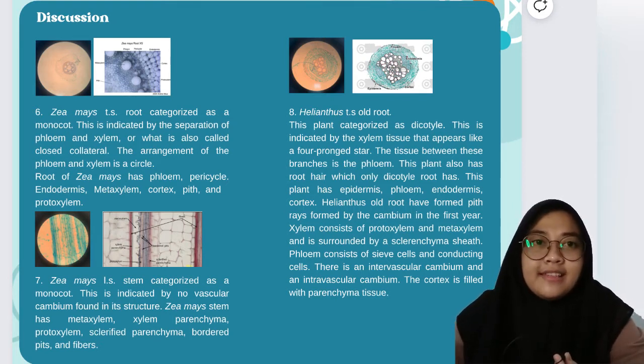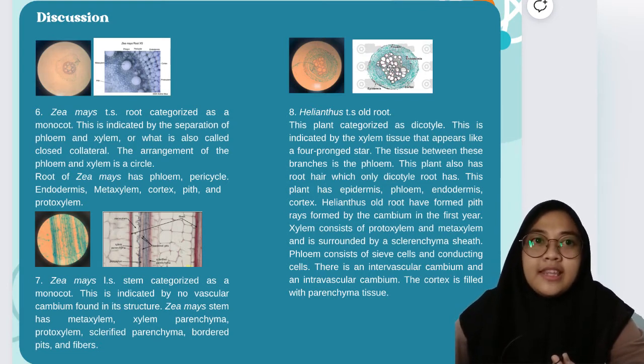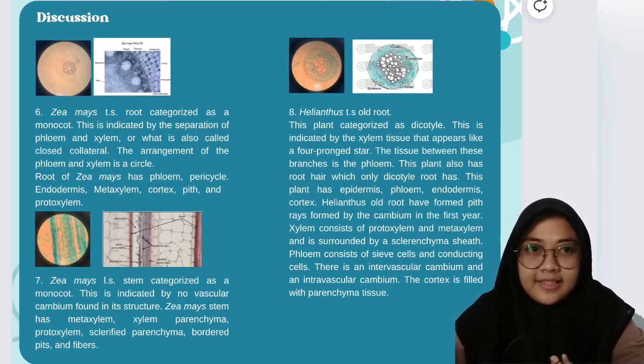And for the last is Helianthus transversal section old root. This plant is categorized as dicotyl. This is indicated by the xylem tissue that appears like a four-pronged star. The tissue between these branches is the phloem. This plant also has root hair, which only dicotyl roots have. This plant has epidermis, phloem, endodermis, and cortex.